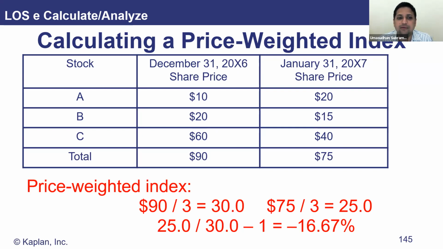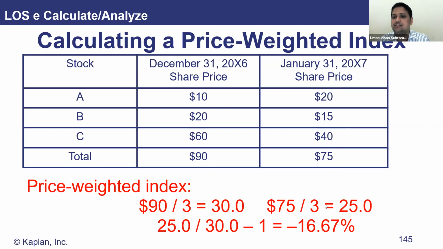You add all the prices of stocks last year: 10 plus 20 plus 60 gives you 90, divided by 3 because there are 3 stocks. If there are 100 stocks, you add all the stock prices of 100 stocks divided by 100. You get a price of 30. Then the next year prices: 20 plus 15 plus 40 is 75, divided by 3, 25.